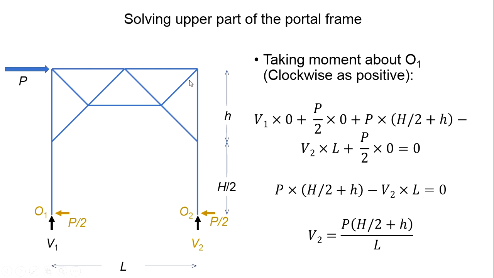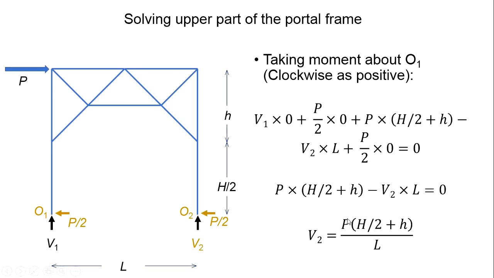Next are these two forces: V2 multiplied by L will produce anti-clockwise moment, so it is minus V2 into L, and this horizontal force P by 2 passes through O1, so P by 2 into 0.